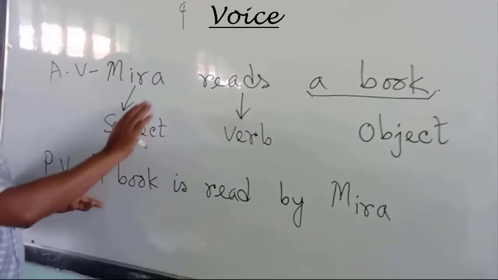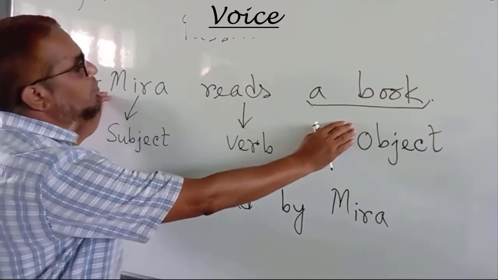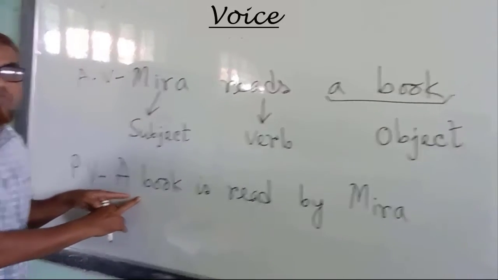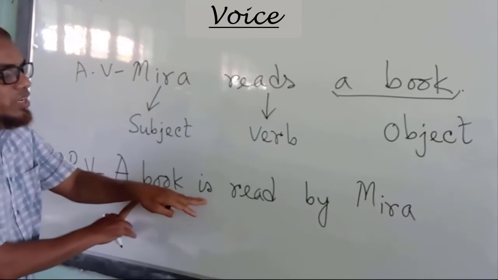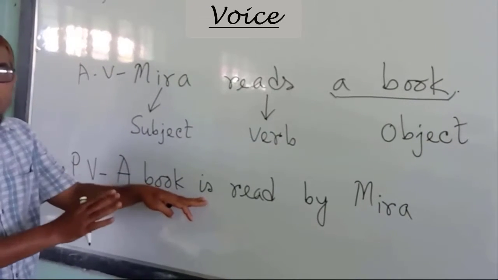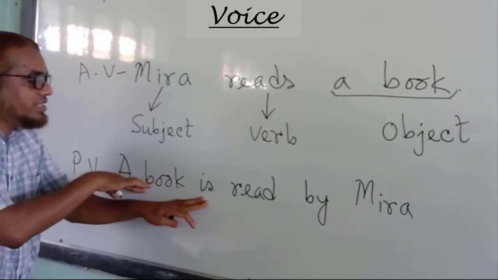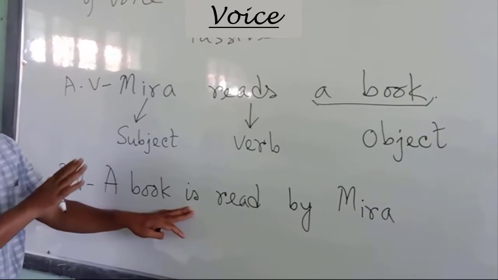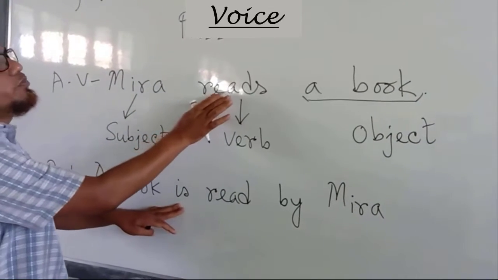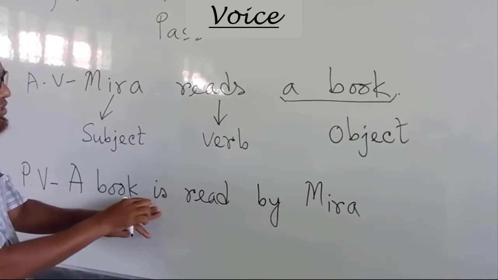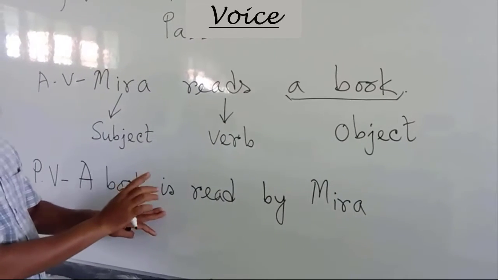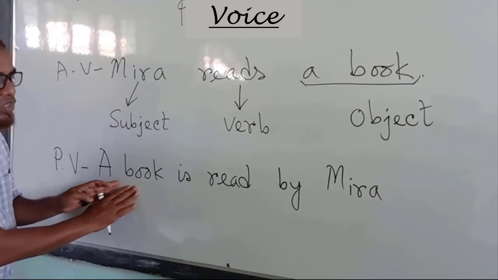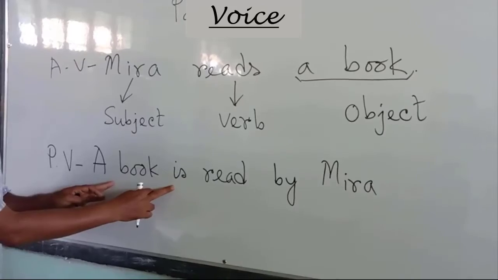Follow, a book was the object of active voice. It comes here in passive voice. Then there will be an auxiliary verb according to the subject, number, person, and tense. As it is present indefinite tense, we should put am, is, or are. As a book is third person singular number, there will be is.